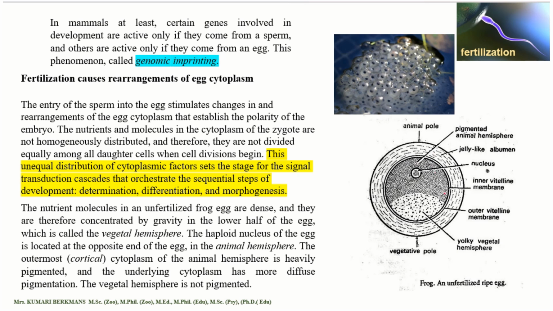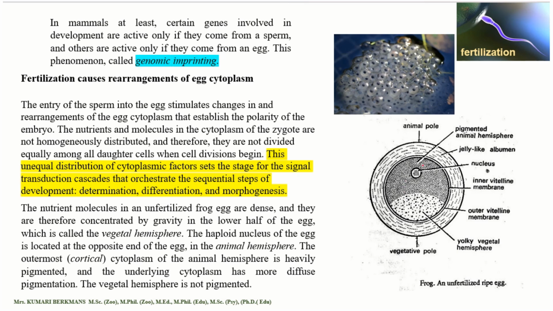You can see the animal pole region is very dark, a highly concentrated pigmented animal hemisphere. Here the cytoplasm is filled with yolk, and this is the vegetative hemisphere. Dark pigments are present in greater number in the animal hemisphere, whereas yolk is present in the vegetative part.